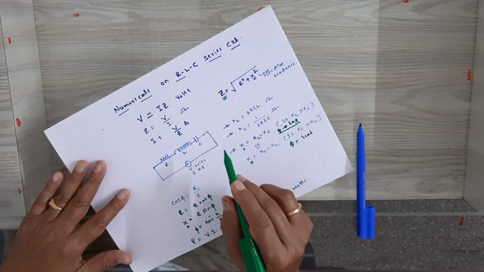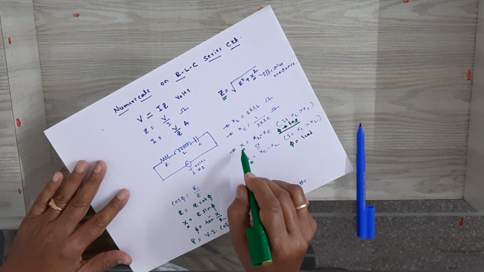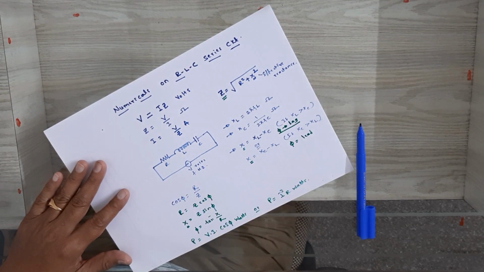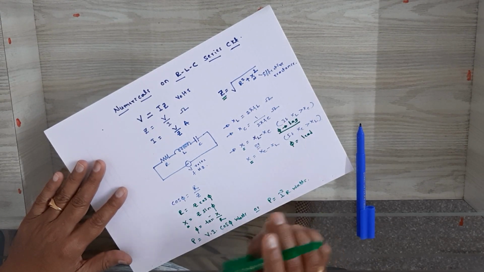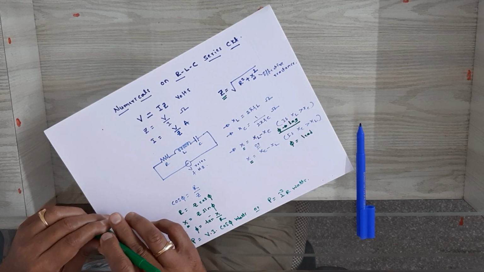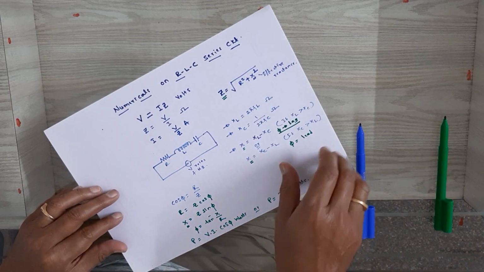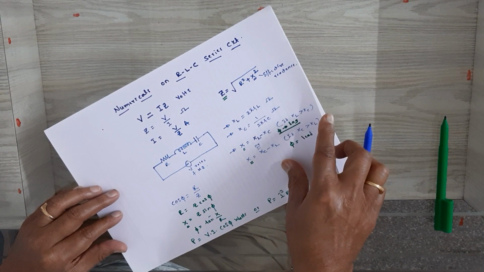The only difference between RL, RC and RLC is finding the effective reactance. With this preamble, we'll start solving some of the numericals.